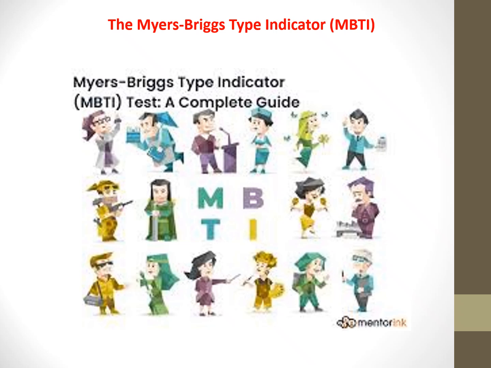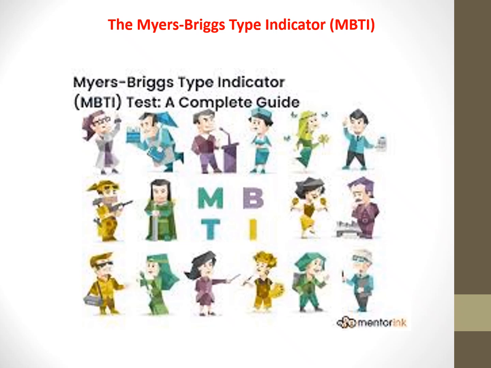The first type of personality test is the Myers-Briggs Type Indicator, MBTI. It is a self-report inventory that categorizes a person's personality into one of 16 different types. It is based on Carl Jung's approach to personality and has become one of the most popular personality tests in the world.